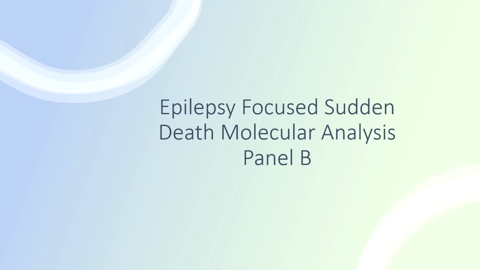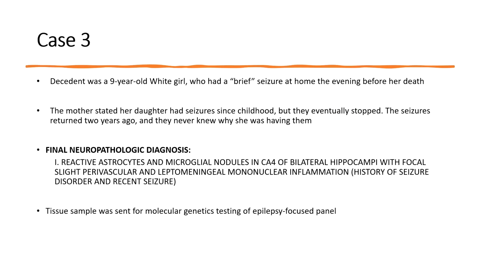In the next section, the case example was from the epilepsy-focused sudden death molecular analysis Panel B testing. In case 3, the decedent was a 9-year-old white girl who had a brief seizure at home the evening before her death.